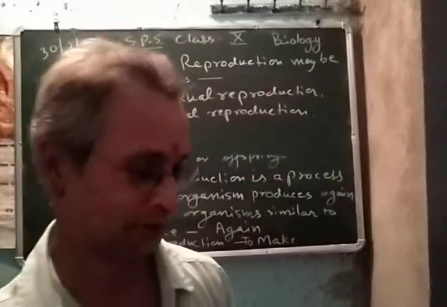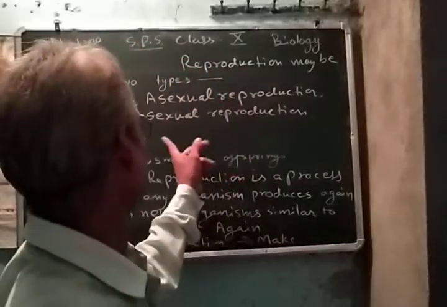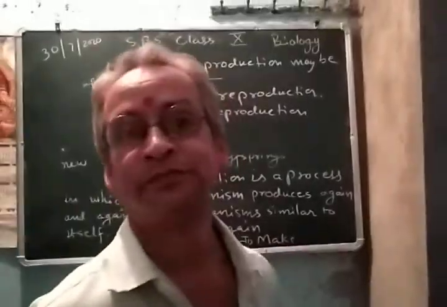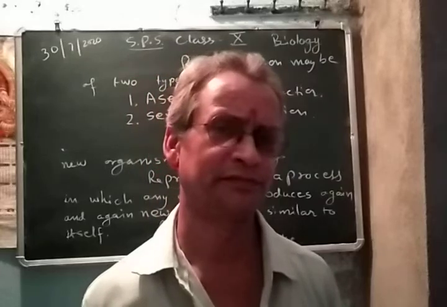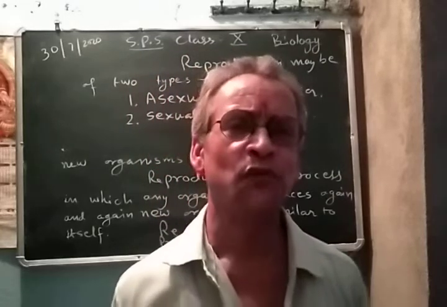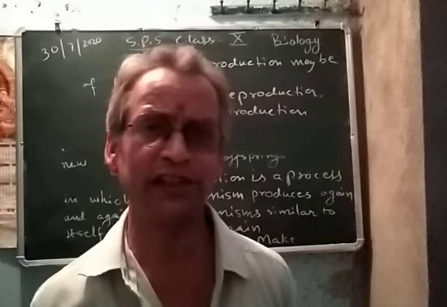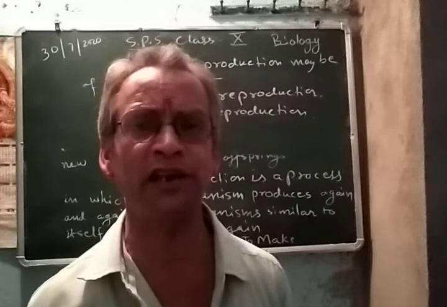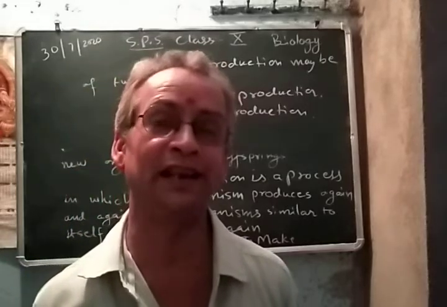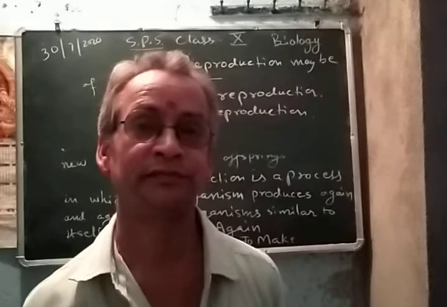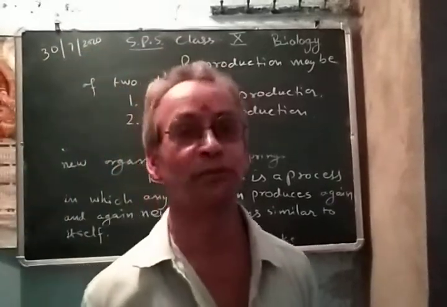Now we define asexual reproduction and sexual reproduction. When reproduction takes place with the help of male and female sex organs, or with the cooperation of male and female, then this type of reproduction is called sexual reproduction.